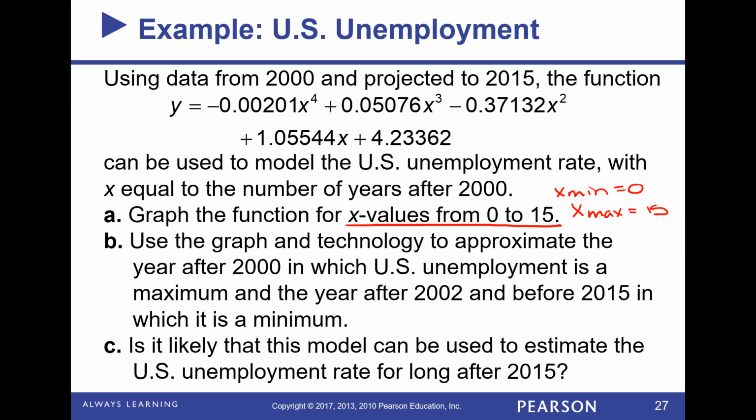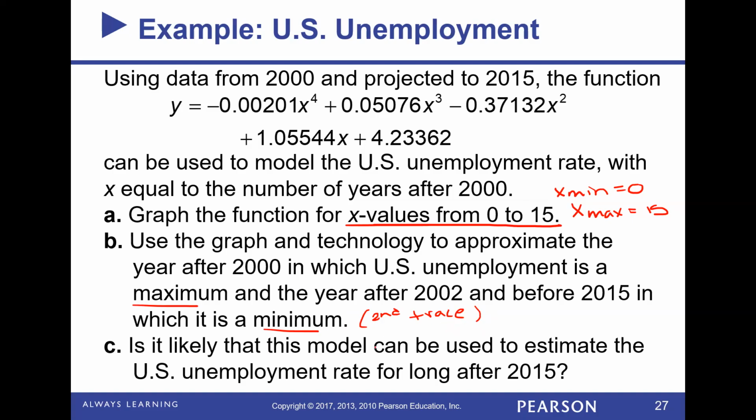Once you're done with that, we want to use the technology to find all of the mins and maxes, using the approximation to do that. So we're looking for maximums and minimums. This would be our second trace option, under calculate, and do your max and min.